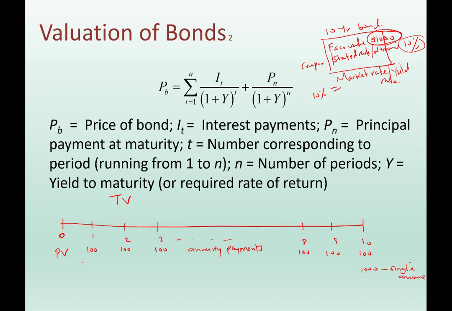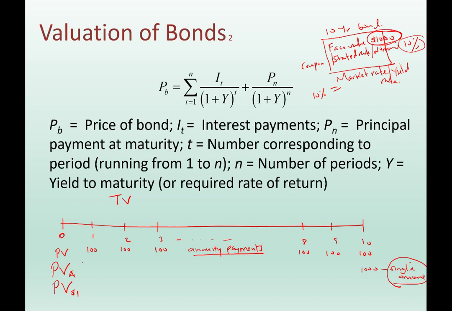Therefore, the value of this bond will be the present value of the annuity payments plus the present value of the single amount. So what you'll do is determine the present value of the annuity payments, and then we also add the present value of the single amount, which is the $1,000. In this case, our annuity is $100 and the single amount is $1,000.